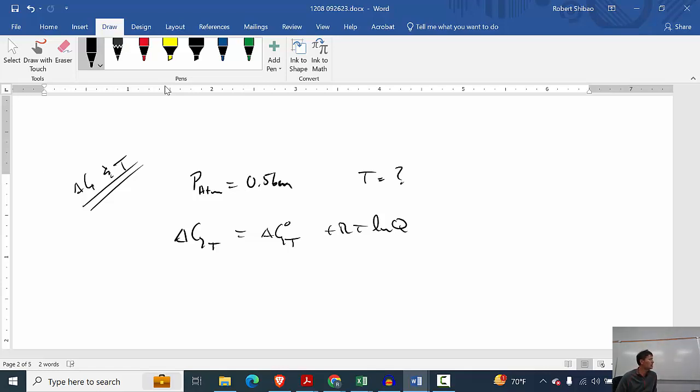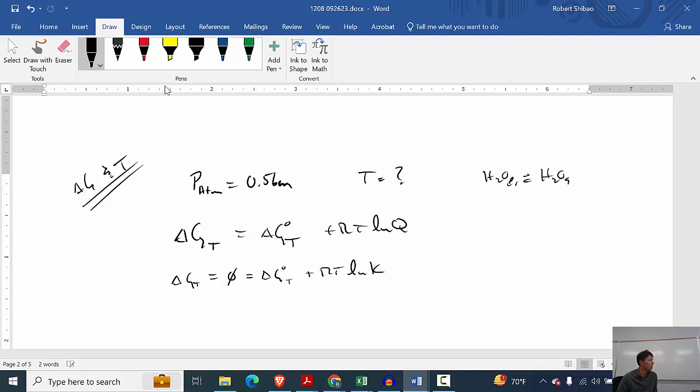Well, in this case, I want the delta G under non-standard conditions and the temperature not at 298 Kelvin to equal 0, because we want it to transition from positive through 0 to negative. So we'll just set it to 0. And that's going to equal my delta G under standard conditions at temperature T plus this correction factor, RT ln of K. K is the same thing as we had before.